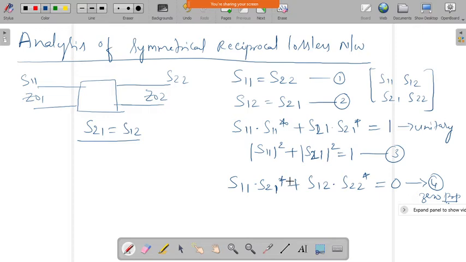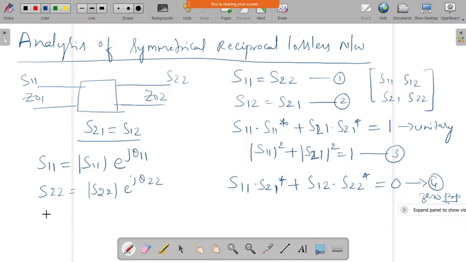Now in order to find the phase and the magnitude, let us represent the S11 parameter as its magnitude with the phase represented as theta 11. Similarly, we can represent S22 as the magnitude of S22 times e power j theta 22.